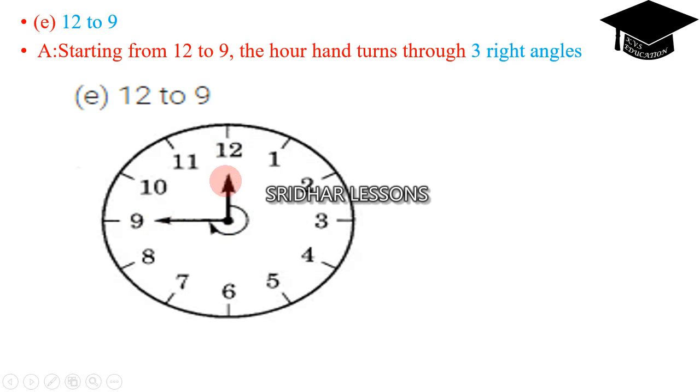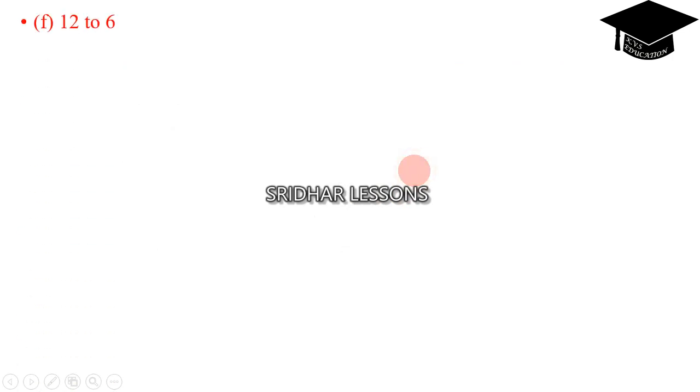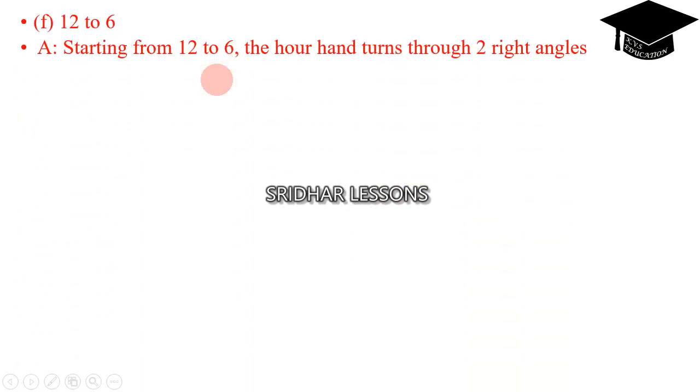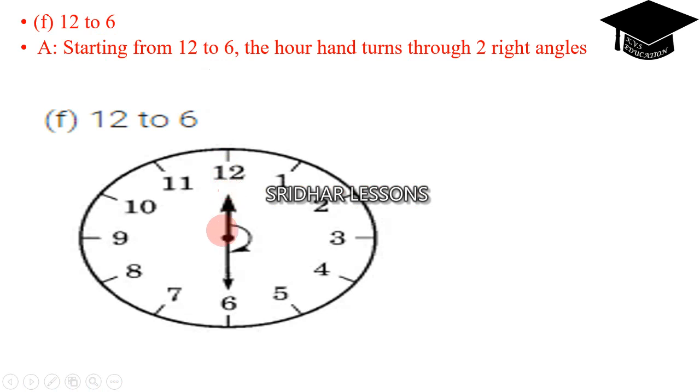Again, how many right angles? 12 to 6. It is two right angles because it is having 180 degrees.